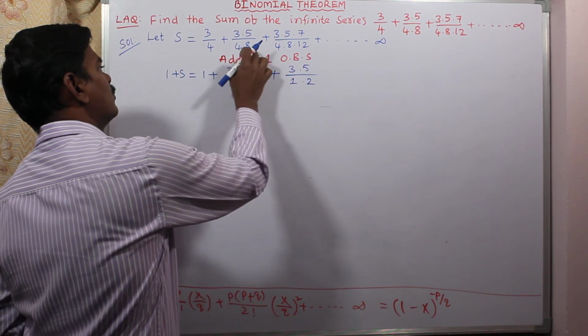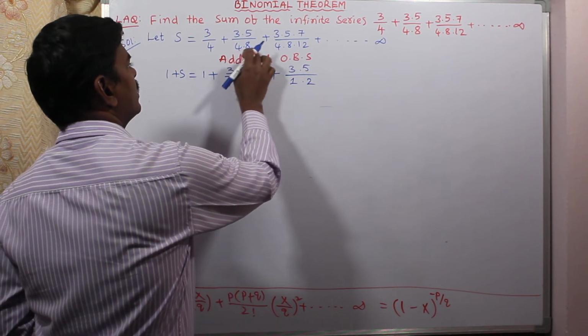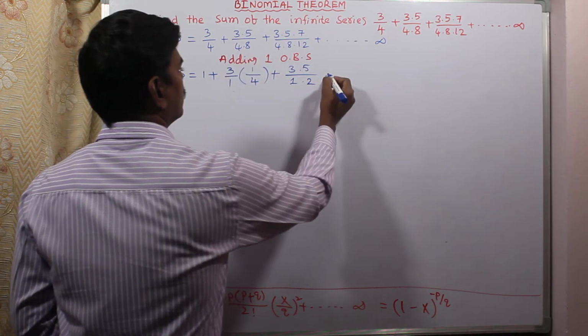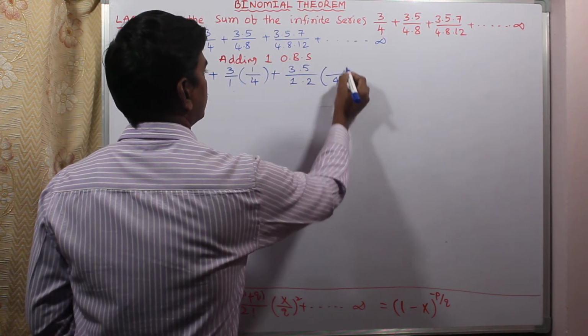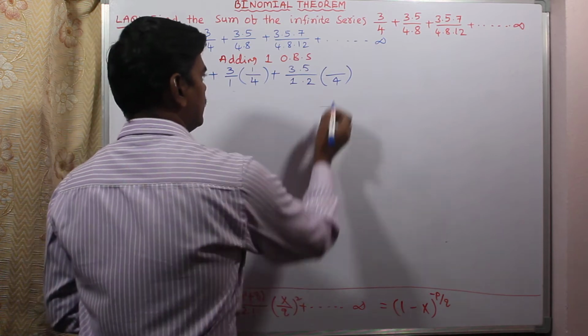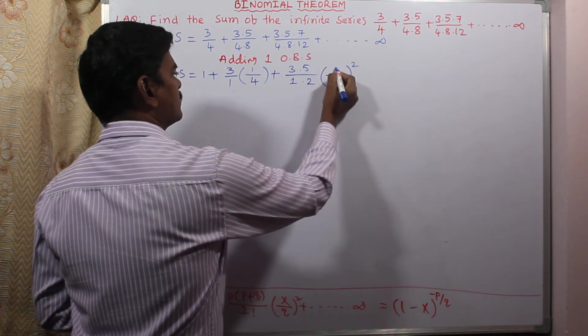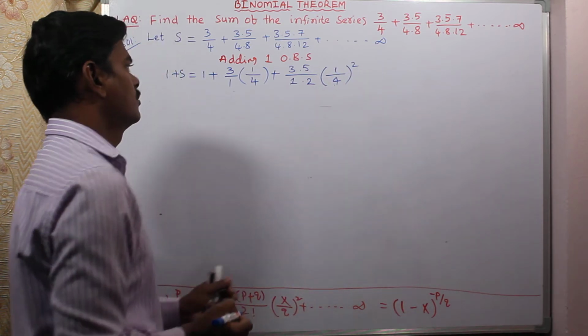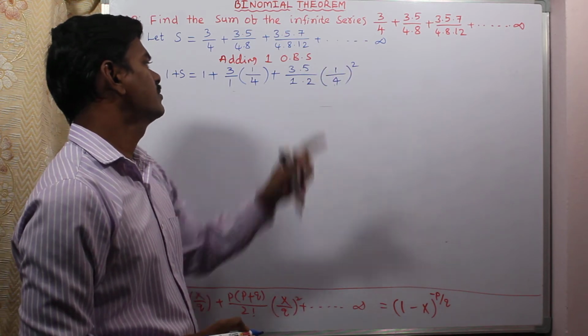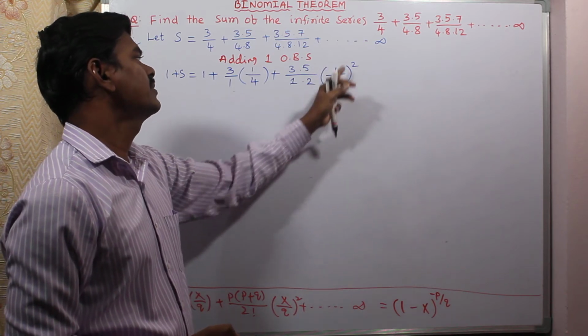So after keeping 4 into 4 aside, we will get 4 square. That 4 square I have to keep aside, 4 square in denominator. In numerator we can assume 1, so it will be 1 by 4 whole square, which is nothing but your x by q whole square term.